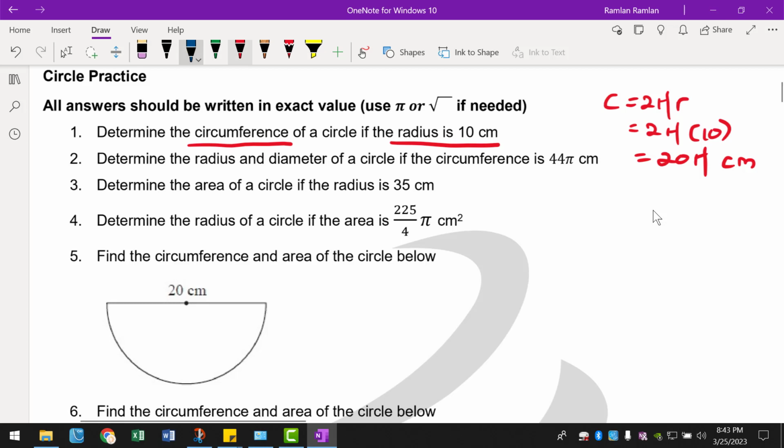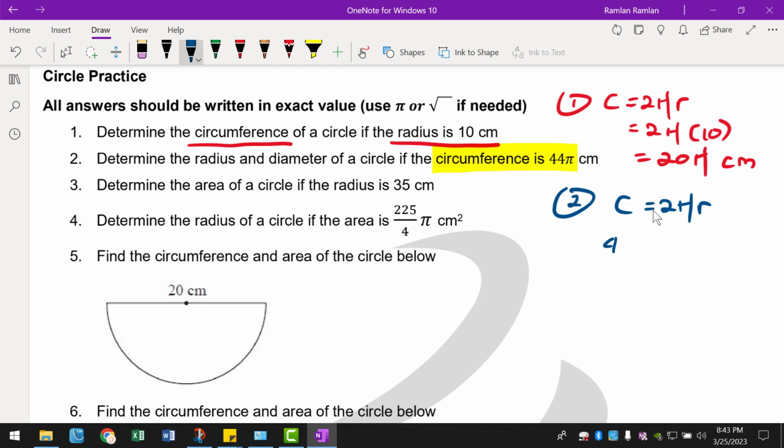Number two, determine the radius and diameter of the circle if the circumference is 44 pi centimeter. Again, what's being given here is the circumference, and we want to find the radius and the diameter. Most of the time, we need to write down the formula first. So write down the formula, and then write down anything that you know from the question, which is this one, 44 pi. So write exactly below the c, because that's the circumference.